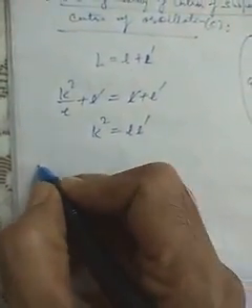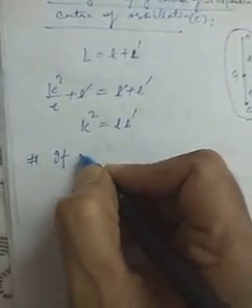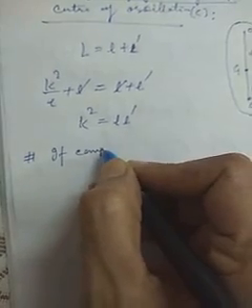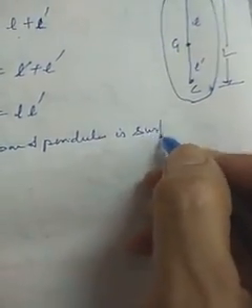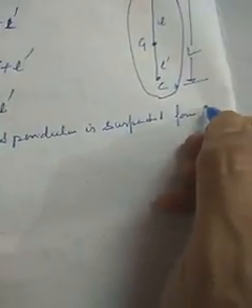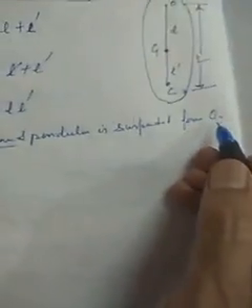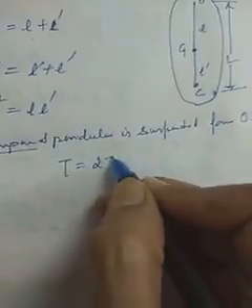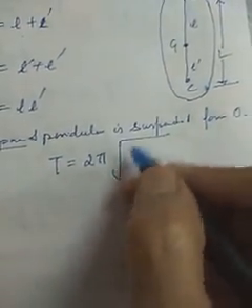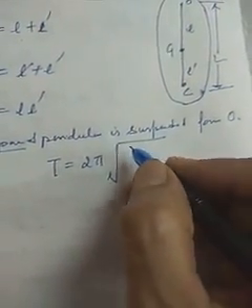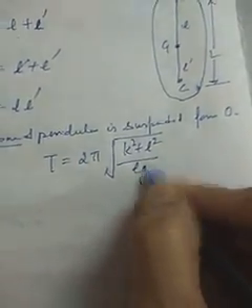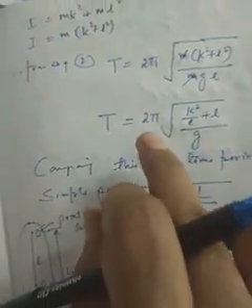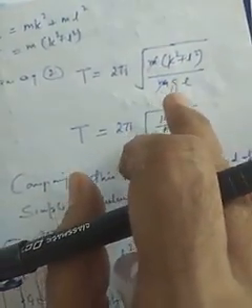Now we will discuss two cases here. First one, if the compound pendulum is suspended from your point of suspension O, then your time period is given by T equals 2 pi square root of k square plus l square divided by l into g, right?